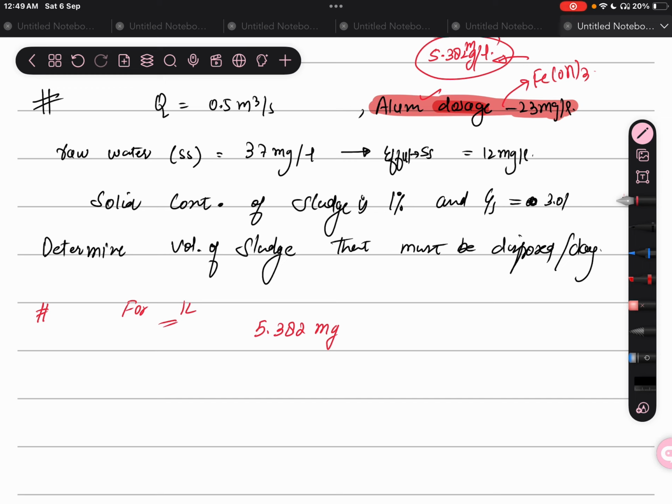And the raw water suspended solid concentration will change from 37 to 12, that's 25 milligrams per liter. This also will settle down. So 30.382 milligrams per liter will become sludge.